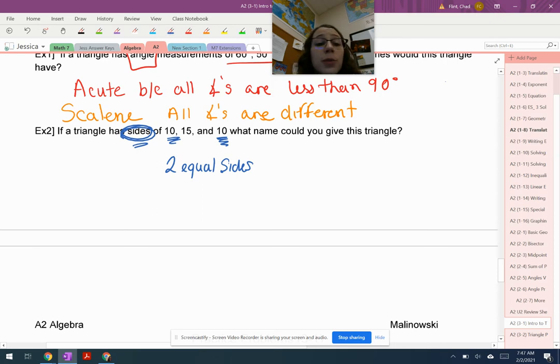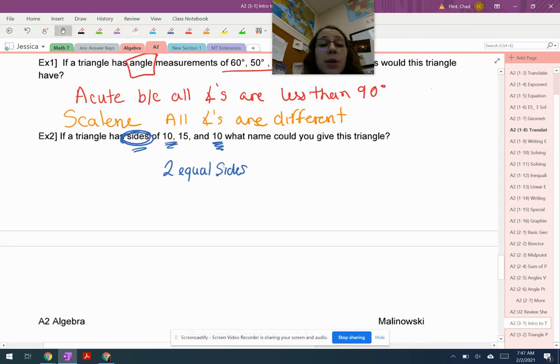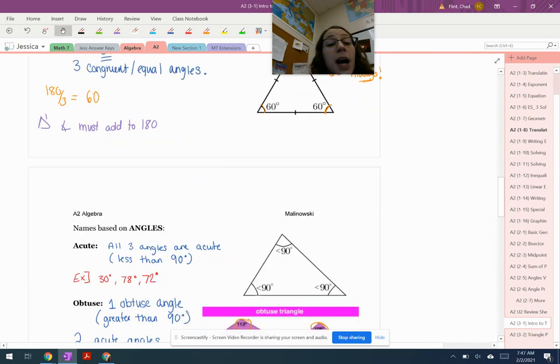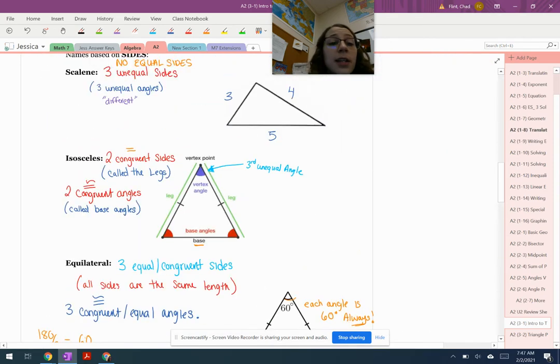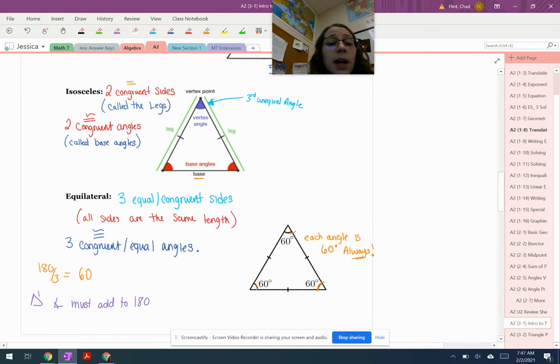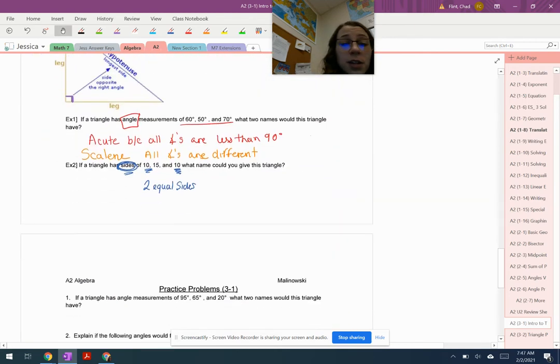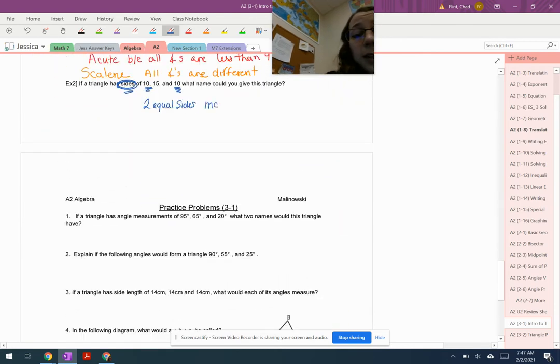So I have two equal sides, which means what name could I give that triangle? Well, talking about my sides, not scalene, not equilateral, but isosceles, those two equal sides, or those two legs that are congruent. So two equal sides makes it an isosceles triangle.